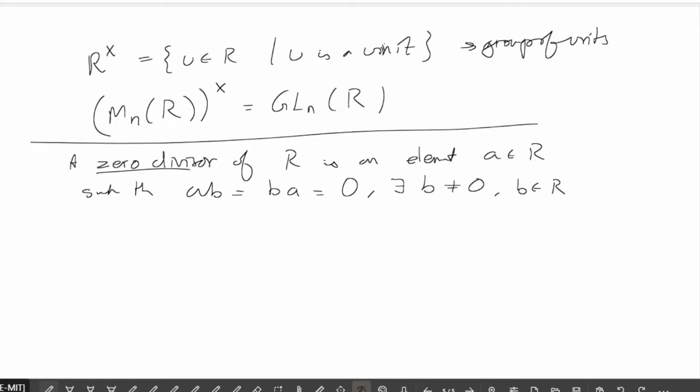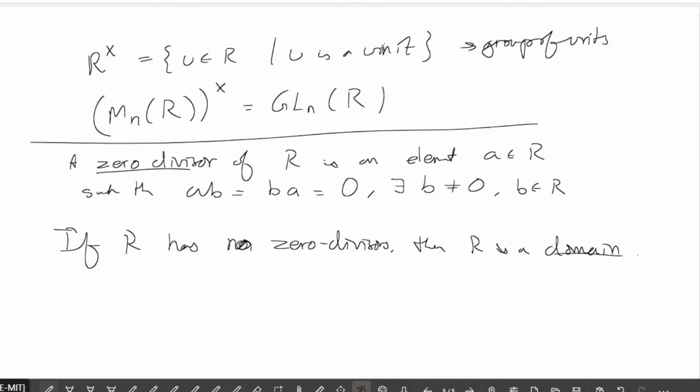So a ring, if R has no zero divisors, then R is a domain, and it is commutative.